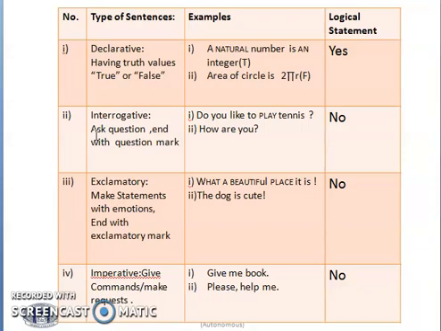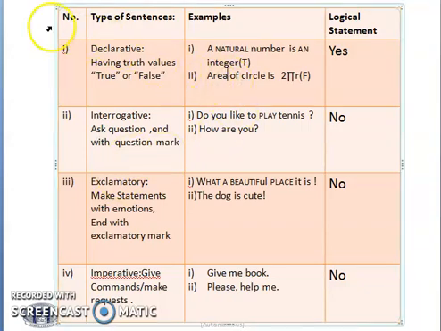In brackets I have written T for the truth value true and F for the truth value false. Second example, area of a circle is 2 pi r. Can you see? In the last column I have mentioned whether it is a statement or not. So every declarative sentence is a logical statement.